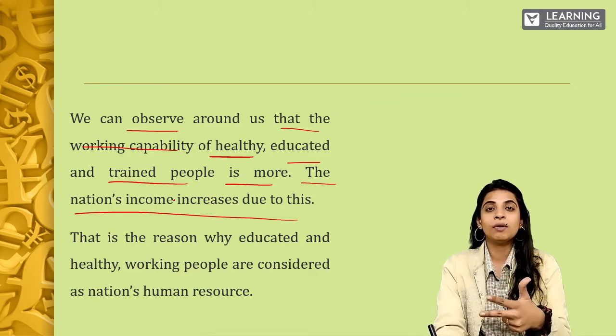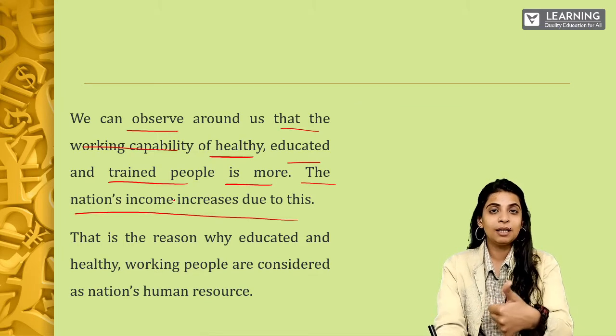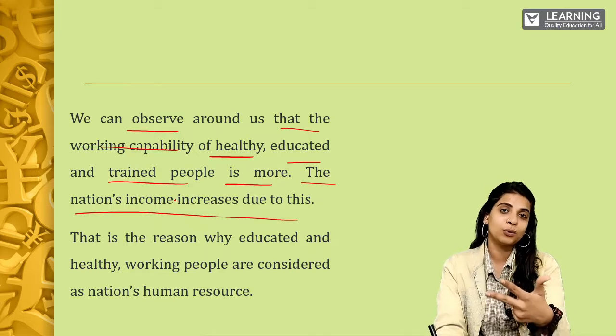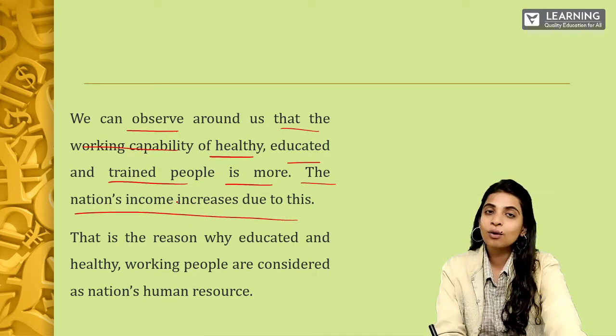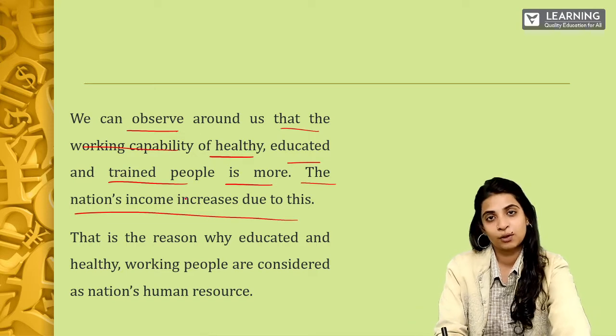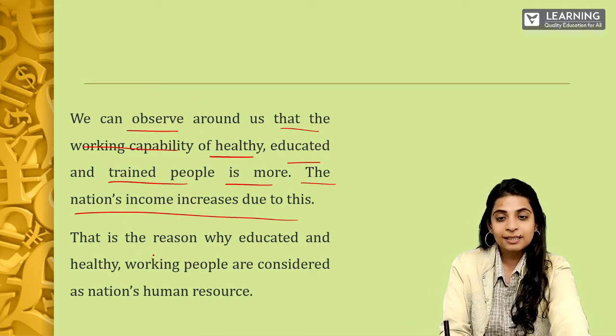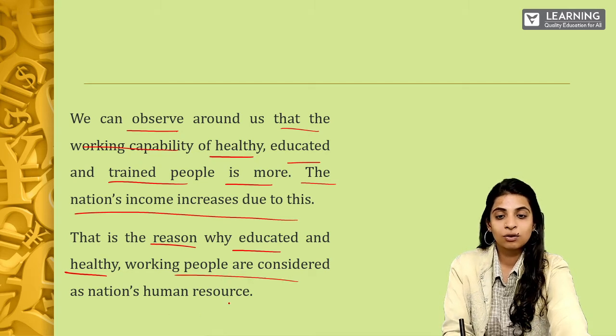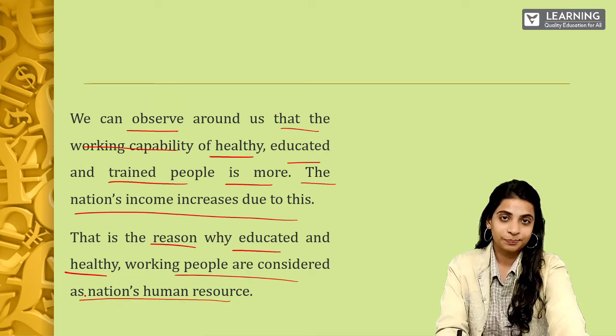In any country, we want people with good health, good education, and proper aptitude and knowledge. Then the country will automatically reach the stage of a developed country. That is the reason why educated and healthy working people are considered the nation's human resource.